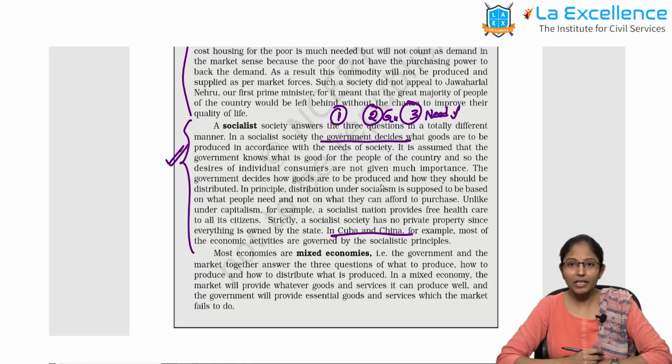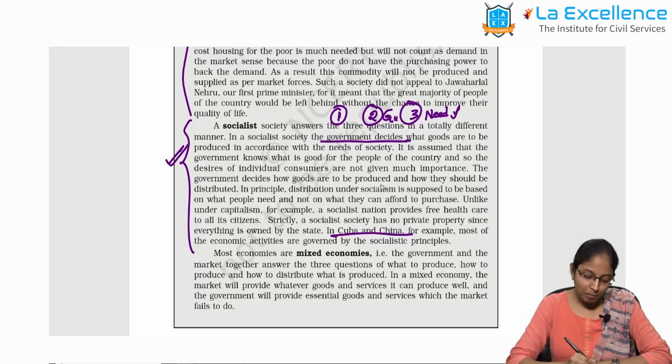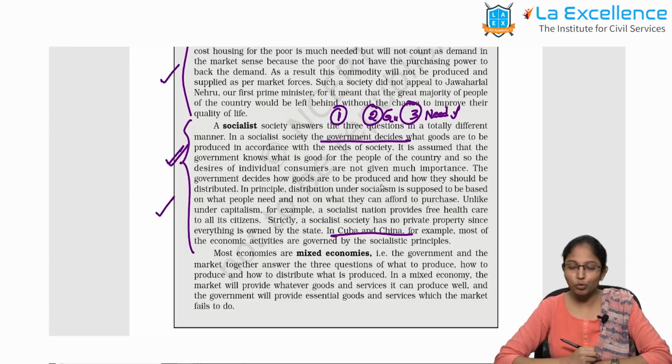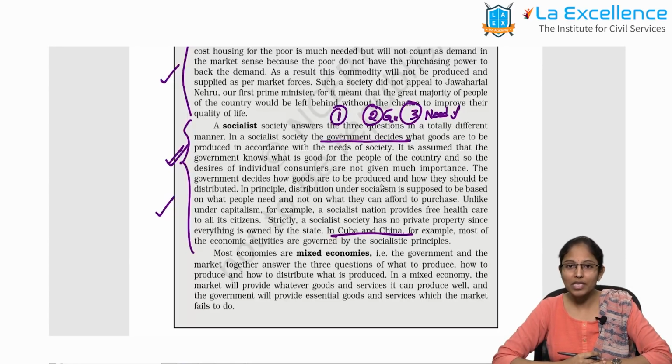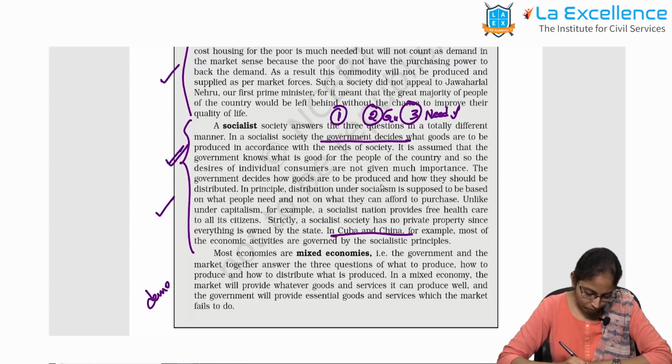Now, after independence, India calculated the merits of both the capitalistic system and the socialistic system. Socialistic system is supported by many of the national leaders, but can we implement it? Can the government decide everything in the economy? It is not possible, because India is a democratic country.